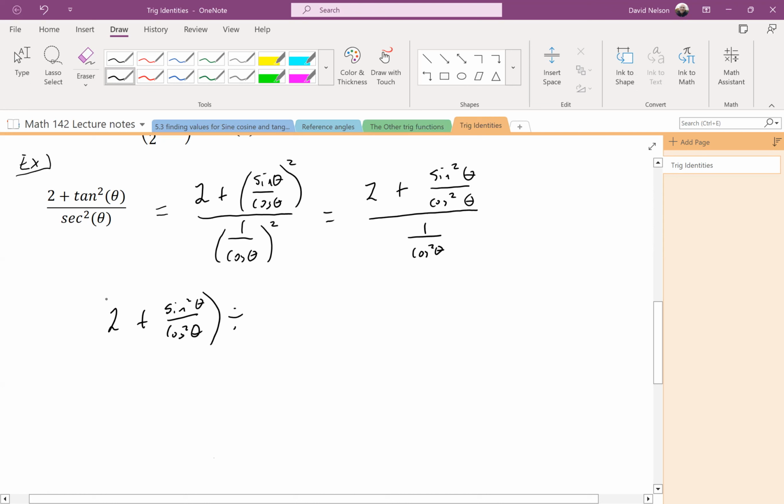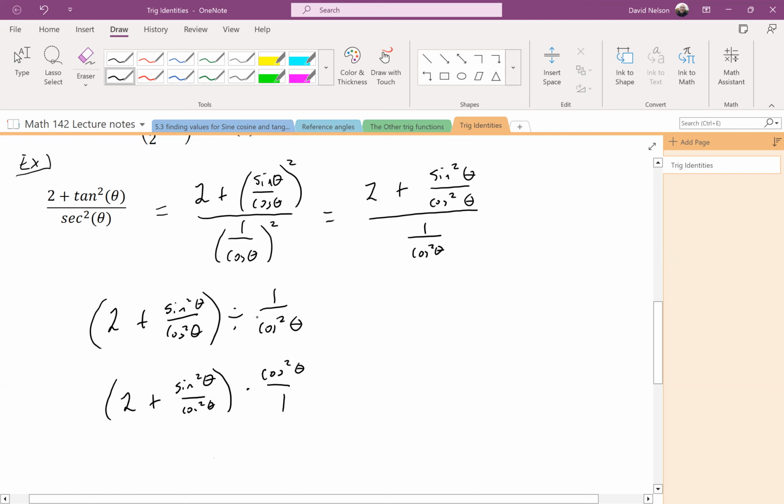What I'm doing is dividing that piece by 1 over cosine squared theta. The top is the 2 plus sine squared theta over cosine squared theta, and I'm dividing it by 1 over cosine squared theta. And so to divide fractions, you flip it over and multiply. So that's 2 plus sine squared theta over cosine squared theta multiplied by cosine squared theta all over 1.